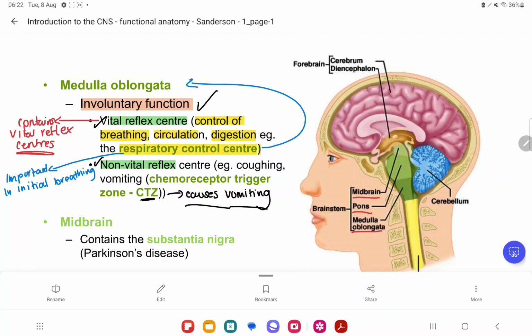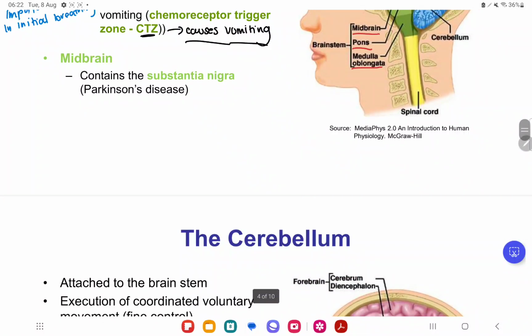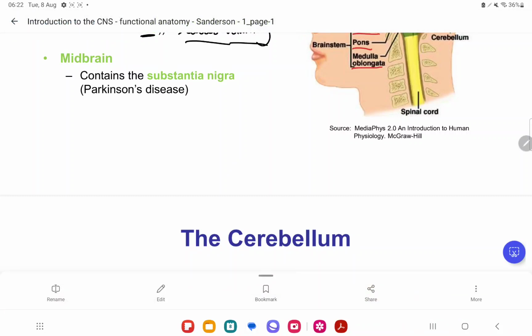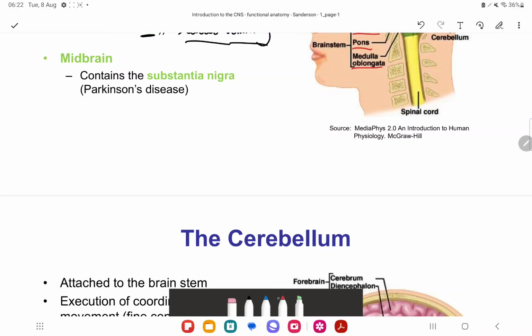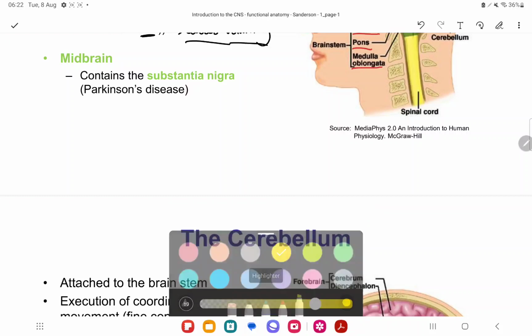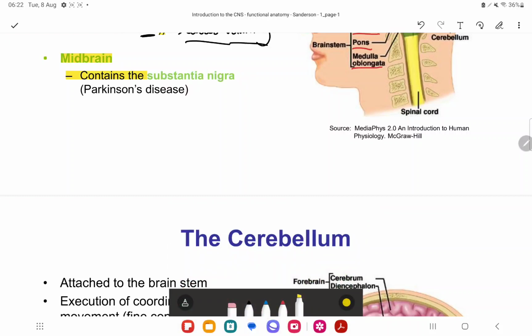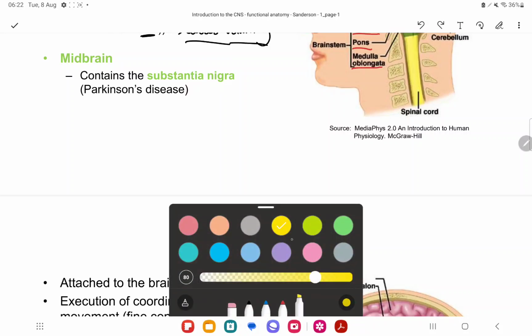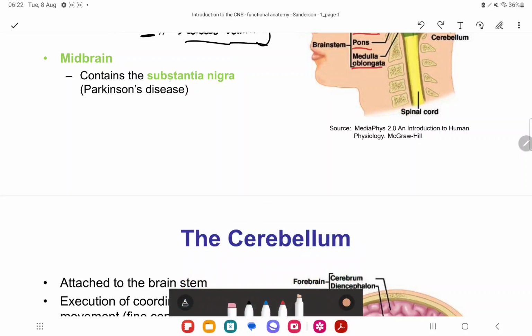Moving on to the midbrain. The take-home message is that the midbrain contains the substantia nigra, and the substantia nigra is important in the control of movement.